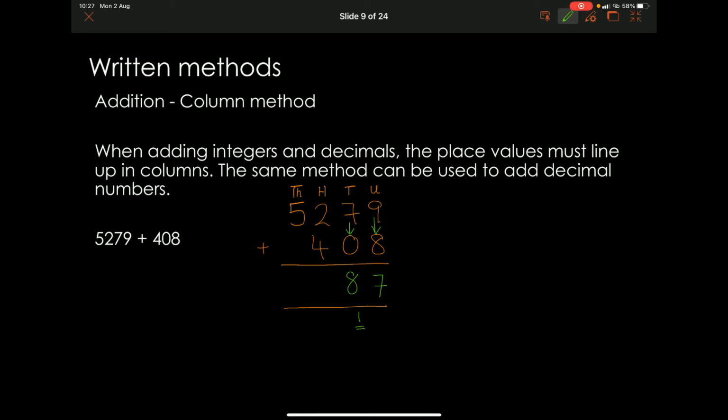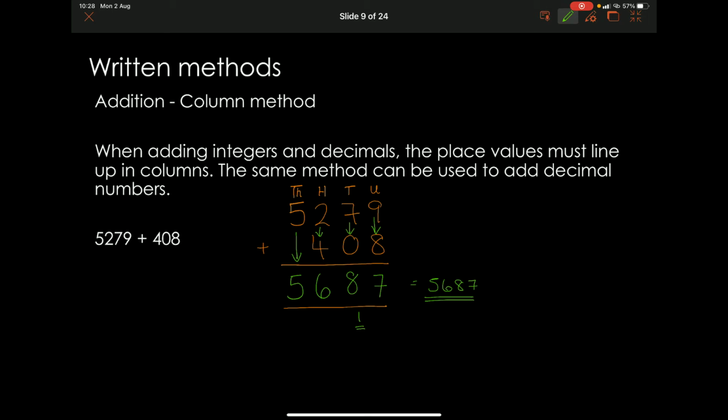We've not carried anything over, so we can just move on to the next column and we can do 2 add 4. 2 add 4 is 6. And then finally, we just have 5 add nothing, so we can just put 5. So our final answer is 5,687. Done.